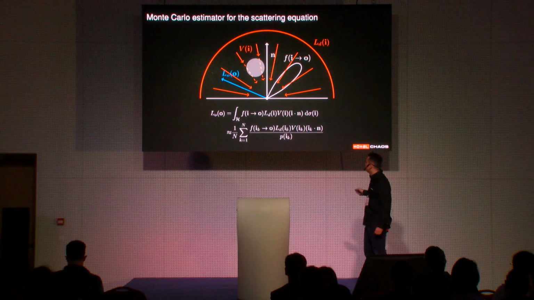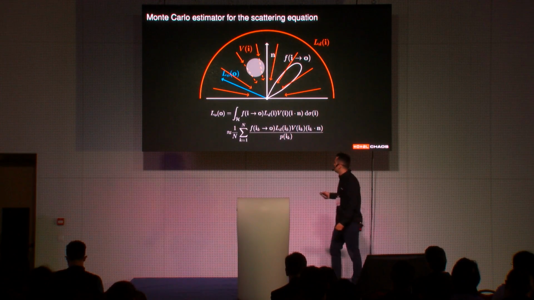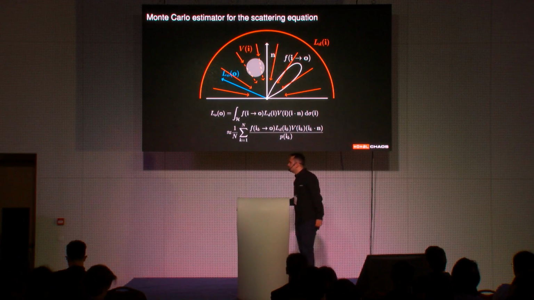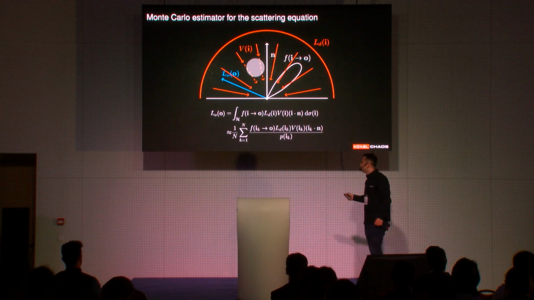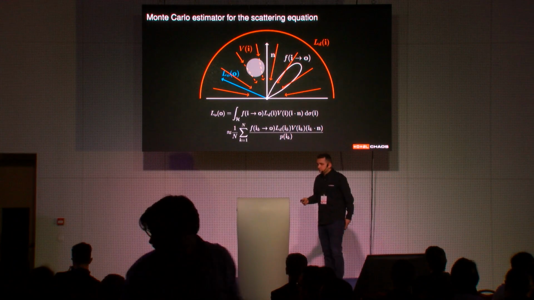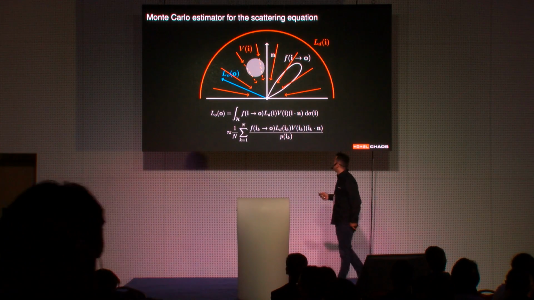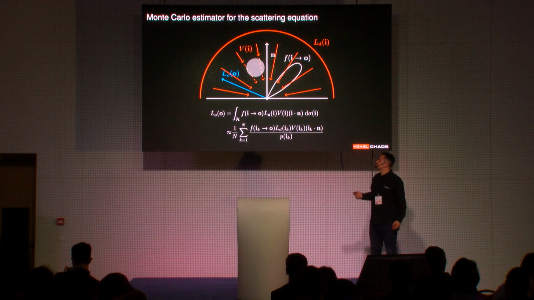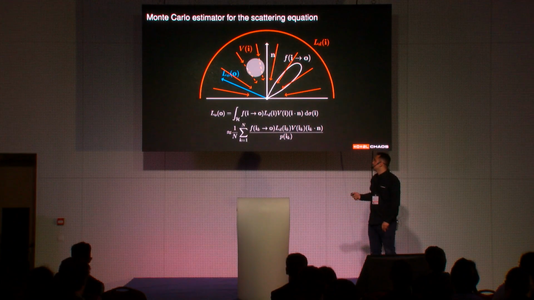We compute it in different directions, and these directions are distributed with this probability density P, which is in the denominator. So if we can do this, we can start to compute these estimates.